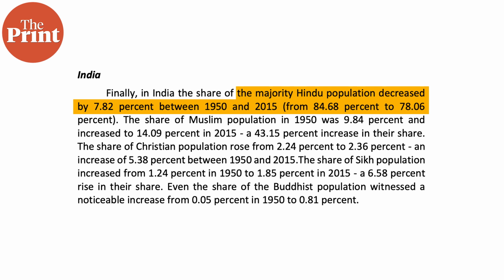So let's leave out Pakistan and Bangladesh for now, or what used to be Bangladesh, or what we might call as the CAA applicable nations for us. Let's leave those out for now. Let's just look at India. If we see the percentage of Hindus having come down by what? 7.2% over these 65 years. This is 65 years between 1950 to 2015. So if the percentage of Hindus has come down by 7.82% from 84.68% in 1950 to 78.06%.